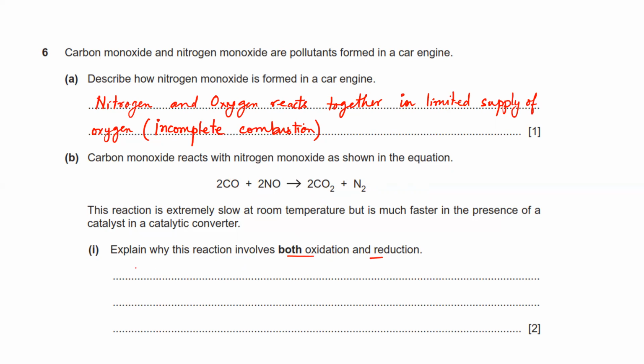So this involves both oxidation and reduction. So just write it as: carbon monoxide gains oxygen to form carbon dioxide.